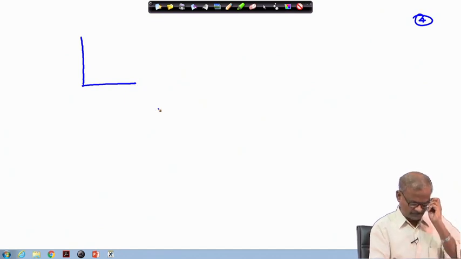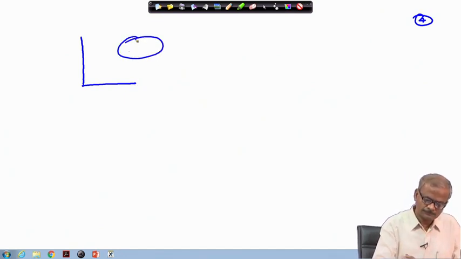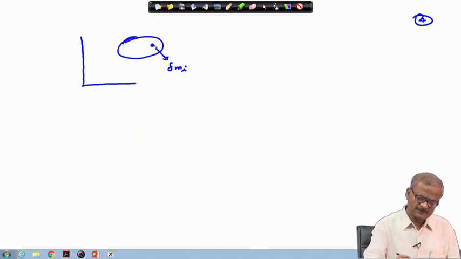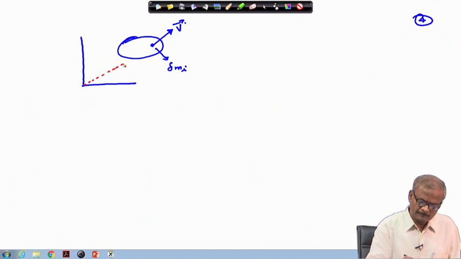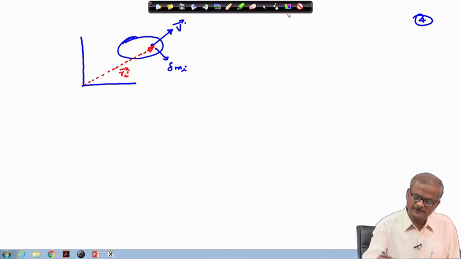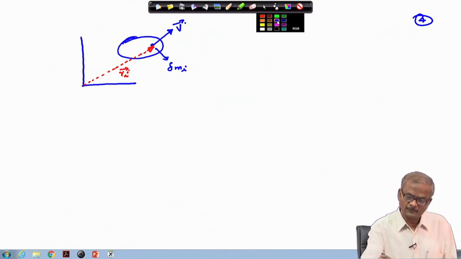In a frame, if we have a rigid body, and this is a mass of the rigid body, which we can say is delta m_i, and its velocity is v in this direction, and let us say this is the position vector of this point, which we indicate by r_i.